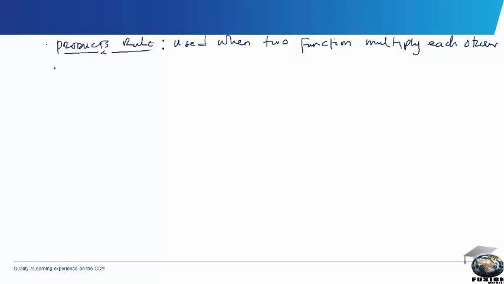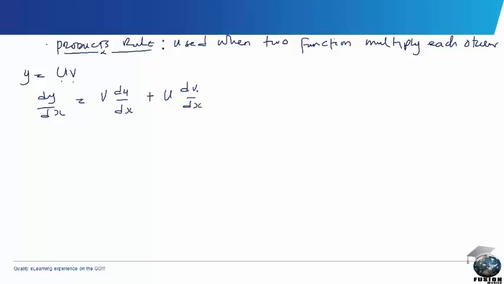Assuming y is equal to u times v, a function u and a function v, dy/dx will be equal to v, you keep v constant, then you differentiate u, and then you keep u constant, and then you differentiate v.